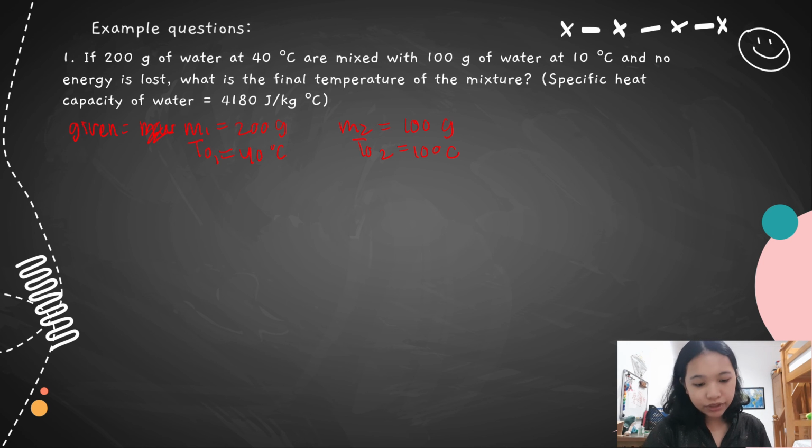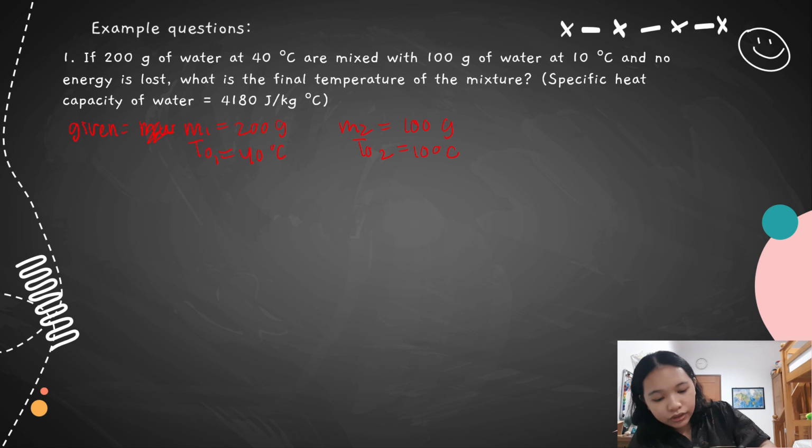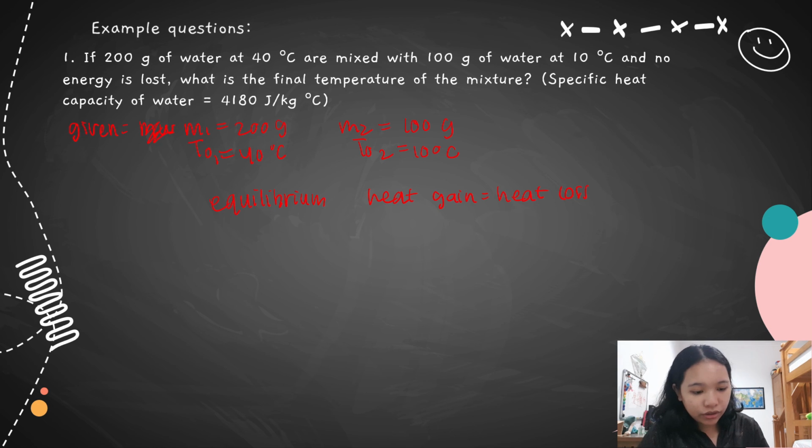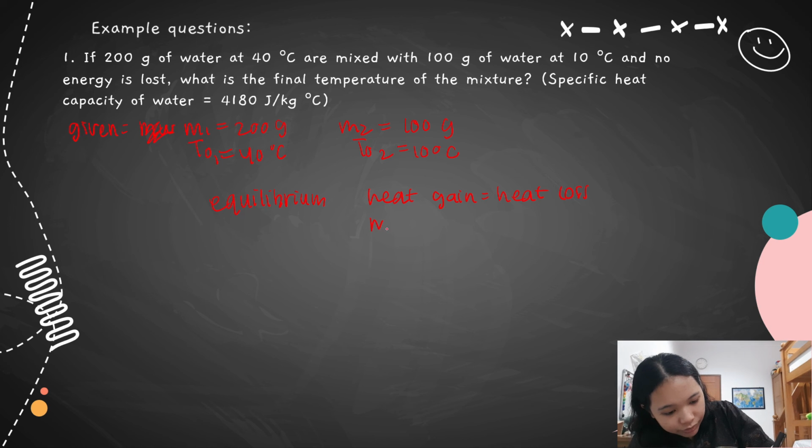And no energy is lost. What is the final temperature of the mixture? So, because it's in equilibrium, heat gain equals heat loss. So we just need to write down mc delta T equals mc delta T.